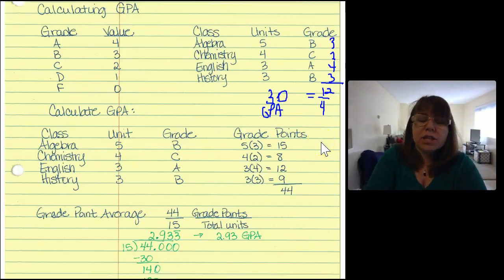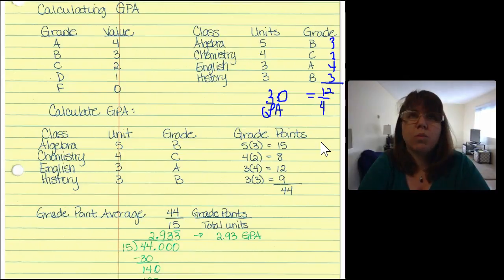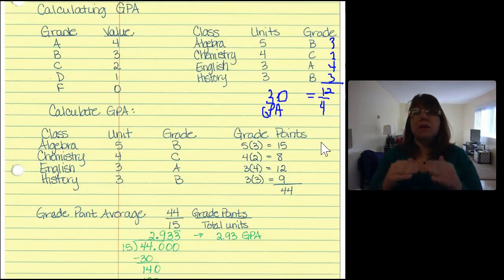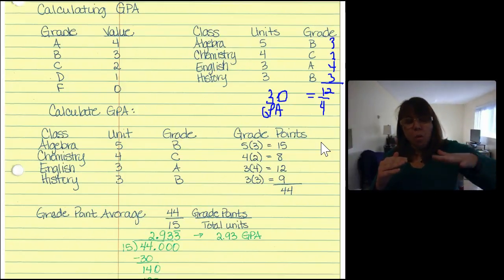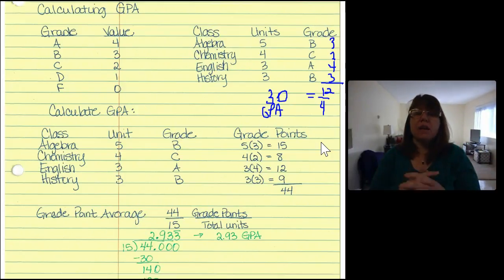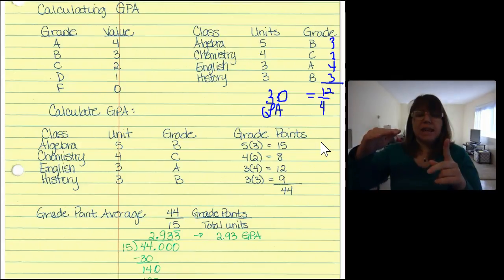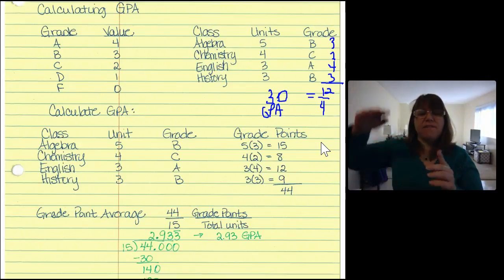In college, it's different because not all classes have the same unit amount. And because of that, depending on how many units, that grade will be weighted more or weighted less. For example, if you got an A in a 1-unit class, that shouldn't be the same weight as an A in a 5-unit class.